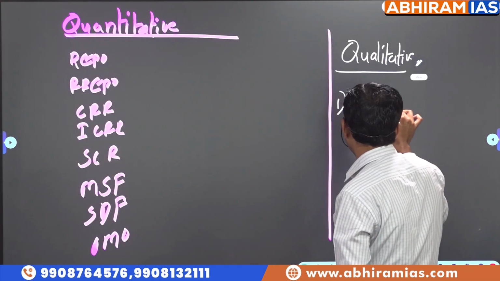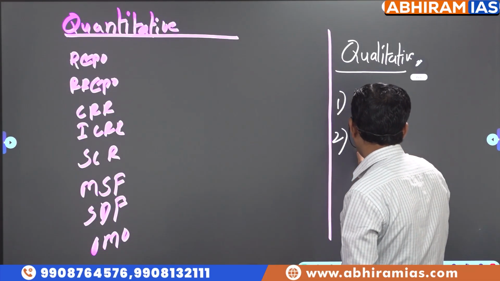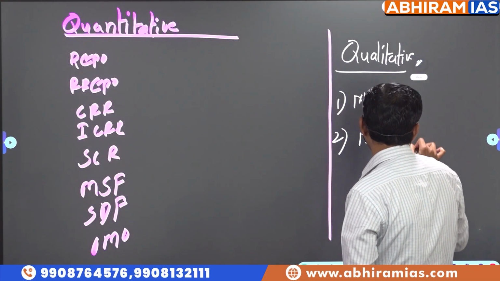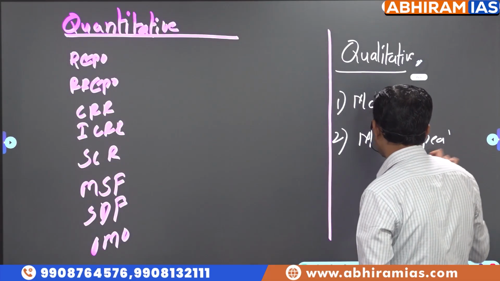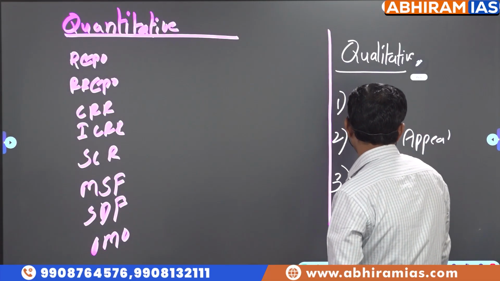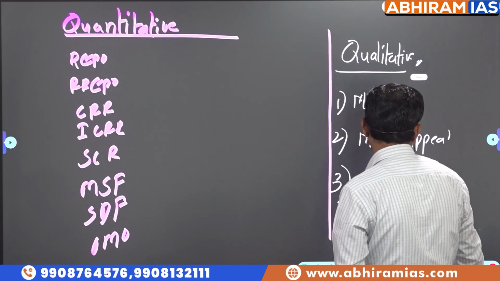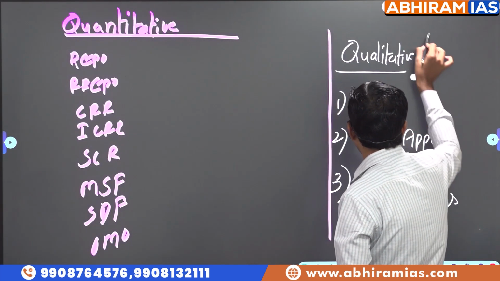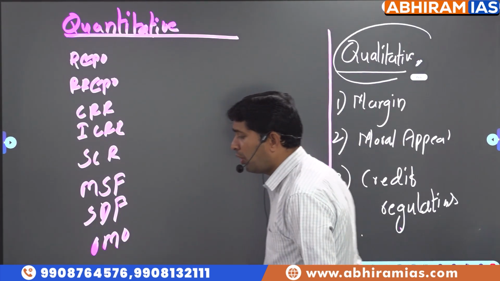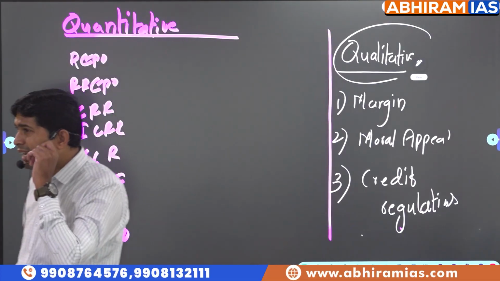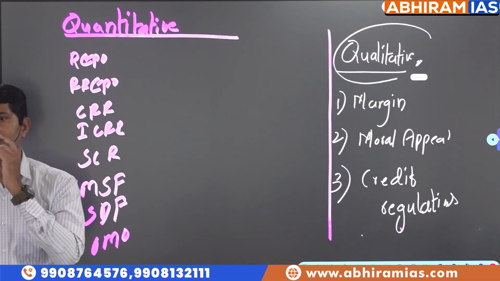Margin, moral appeal, credit regulations. So these are qualitative. Qualitative means you cannot pinpoint exactly how much money supply has changed.